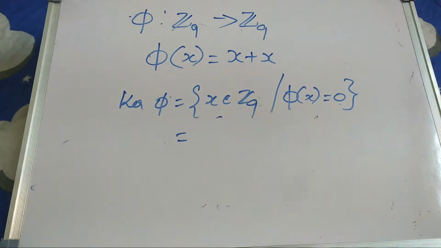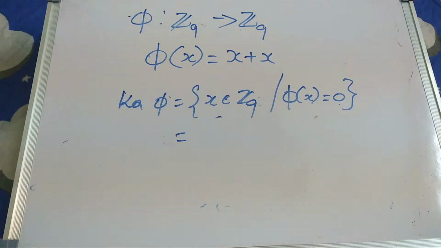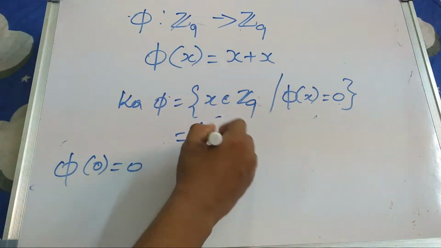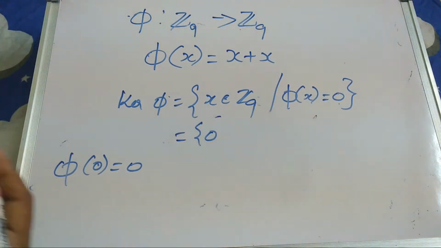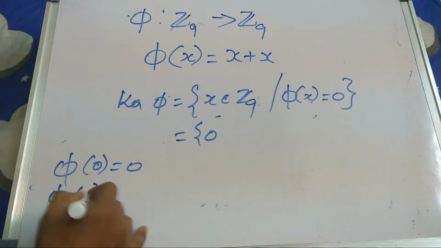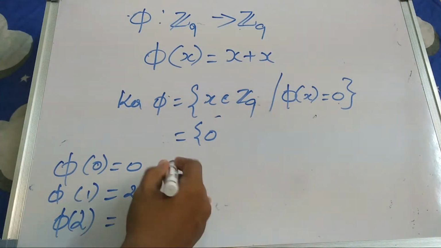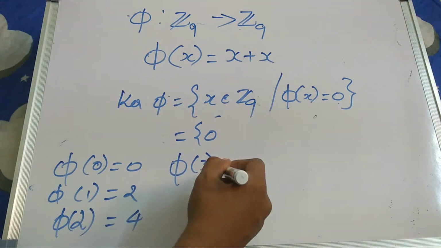Okay, so there is an answer from Pranati. It is only 0. Okay, yes. Okay, Karpadam, good. It is only 0. So maybe we will verify it. Phi of 0 is 0. Phi of 1 is going to be 2. Phi of 2 is 4. Phi of 3 is 6.